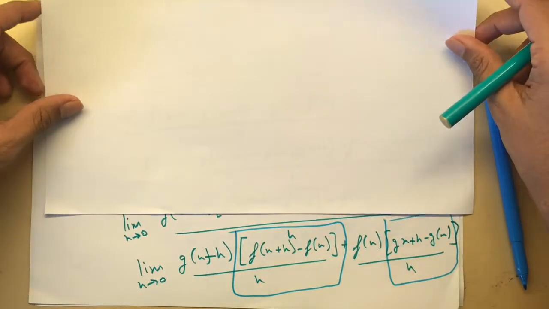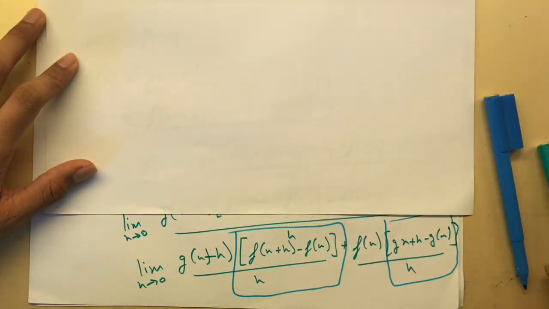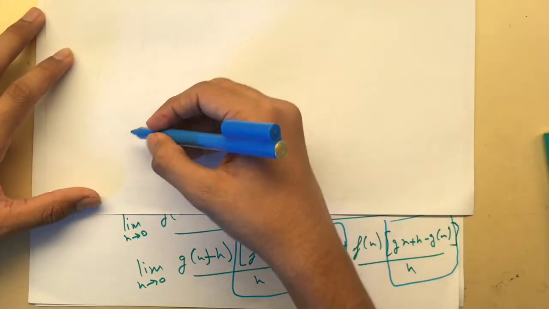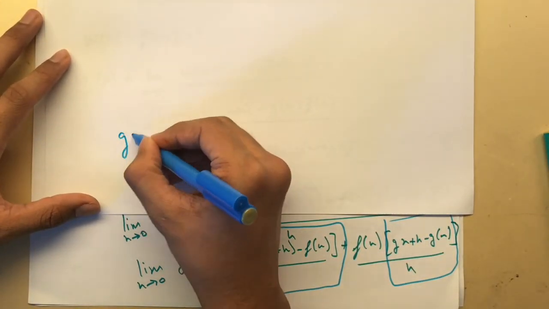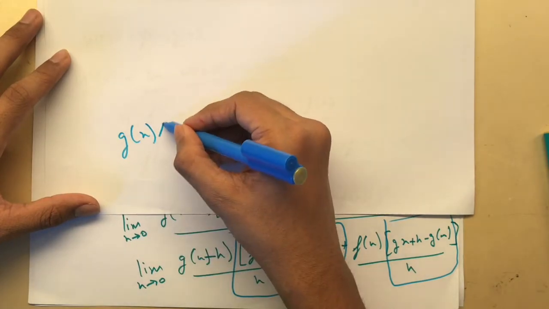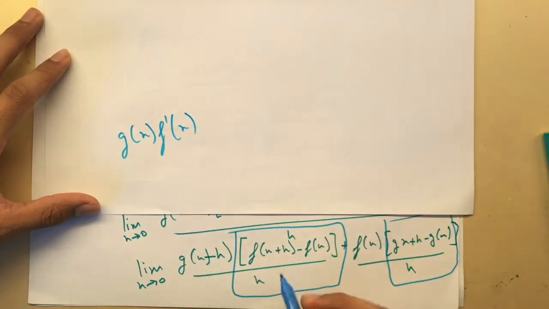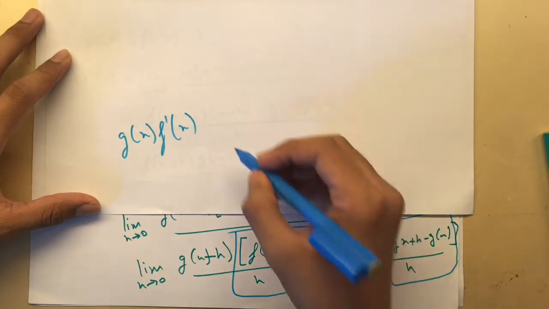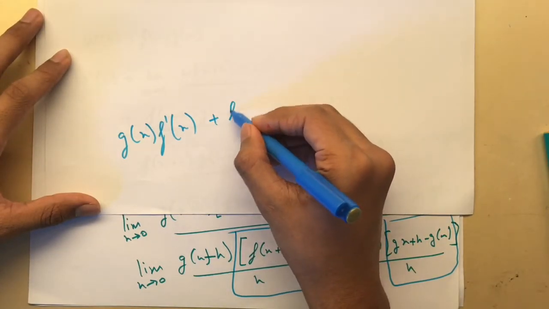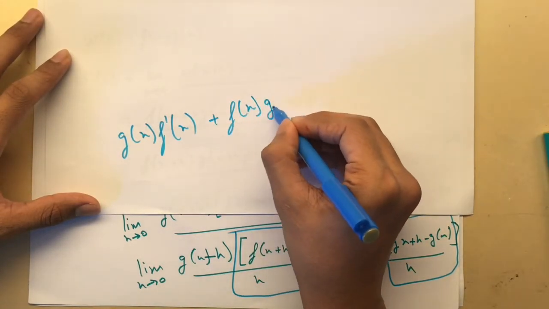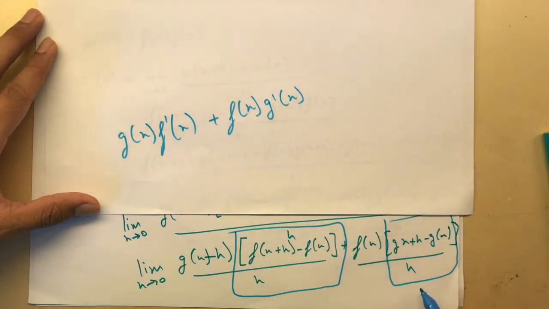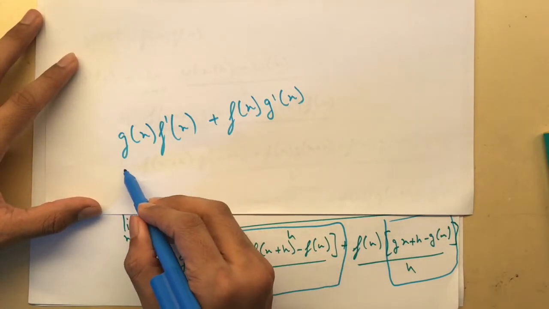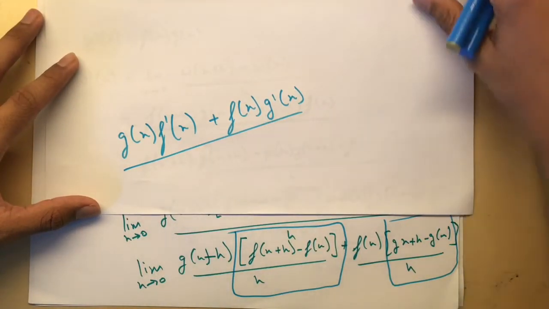So this in turn can be written as, I'm going to write it in blue, g of x times f dash of x, because that is the derivative of f of x, plus f of x times g dash of x, because this is the derivative of g of x, and well, this is just the product rule itself.